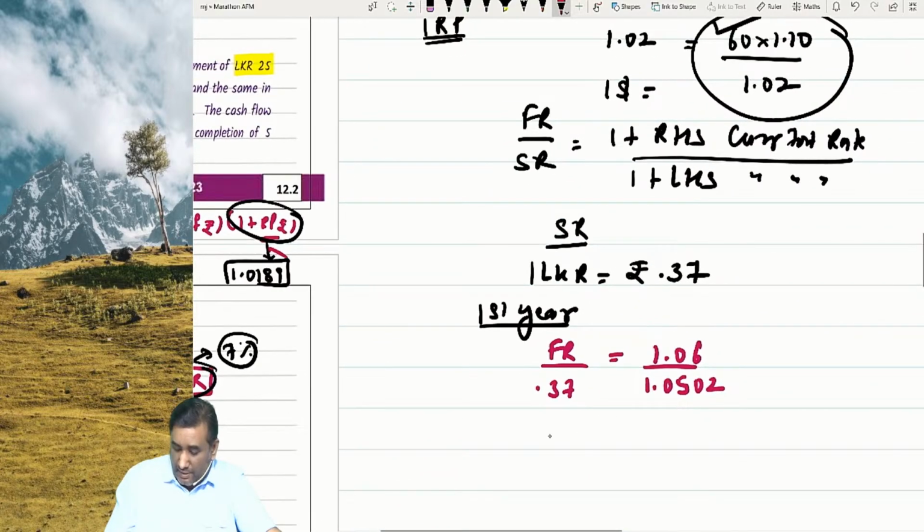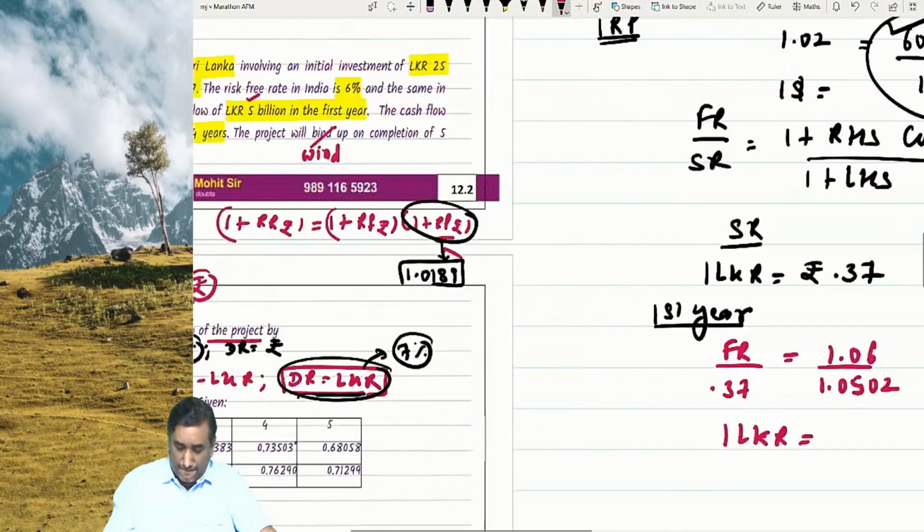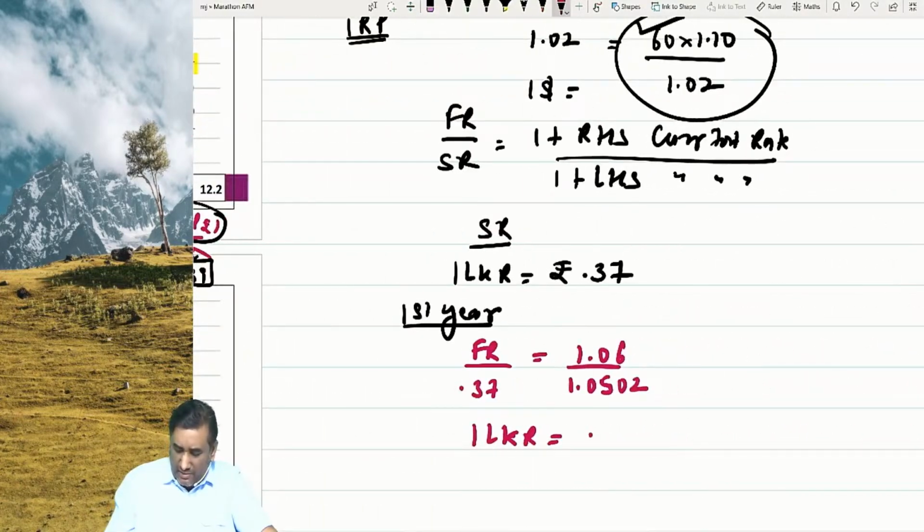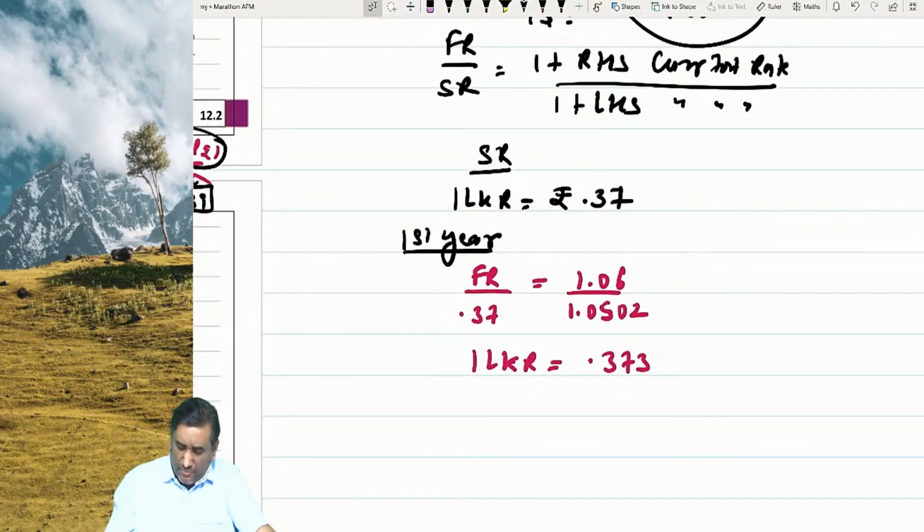Calculate the 1 LKR will be equal to what? 0.3734 or 0.373 or 0.3734. He should mention the decimal. This is a problematic thing. I don't know how the solutions of this will arrive. So I am putting in 3. You can put 4. He has to mention.